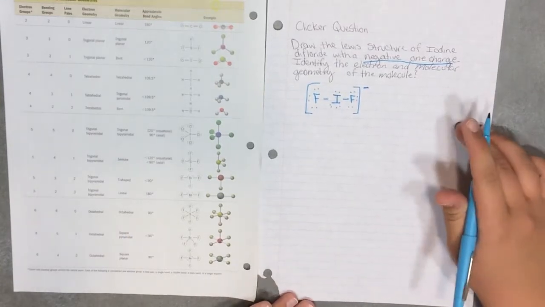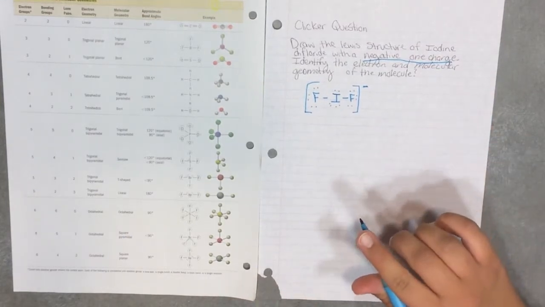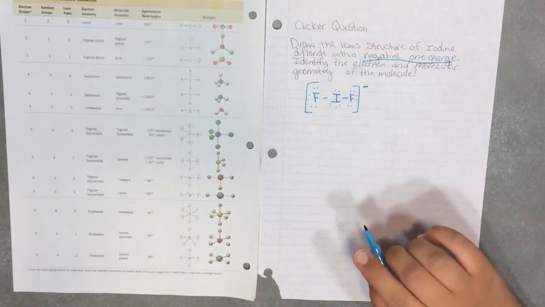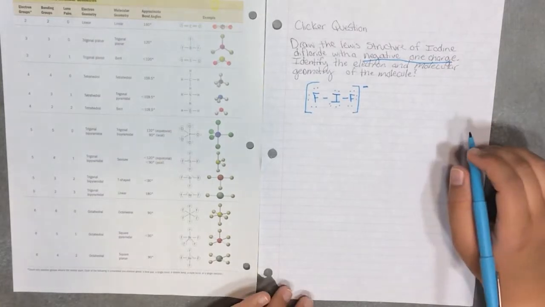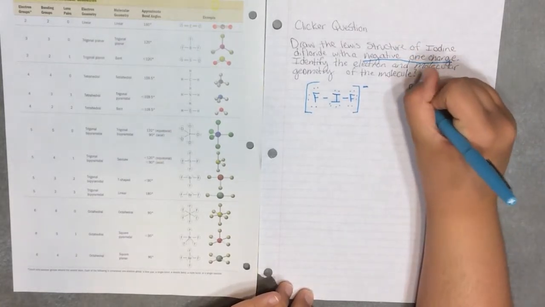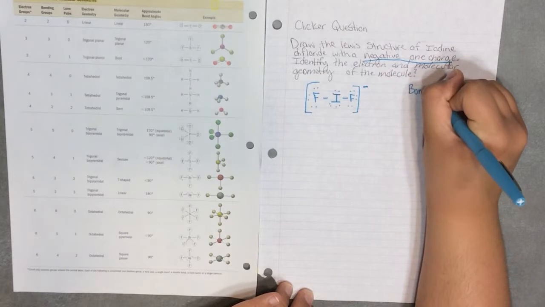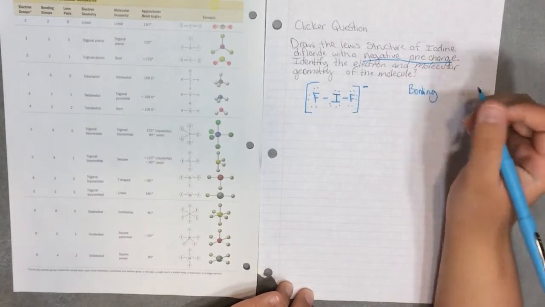If we look, we have to see the bonding electron groups and the lone pair electron groups. So for the bonding, we're going to have to look up the total number.